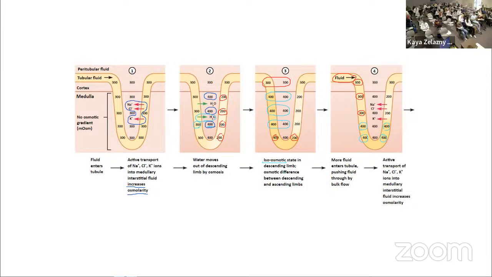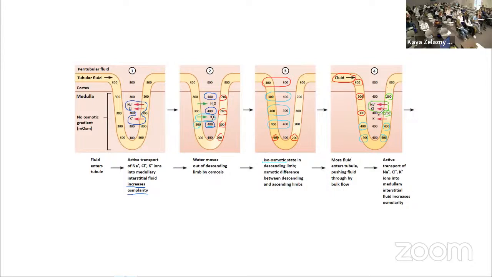So we pushed forward. We're continuing active transport in the ascending limb. So that 400 is still dropping down to 200 as we're moving forward because we are actively transporting solutes, pulling them out of that fluid, pushing them into the medulla.